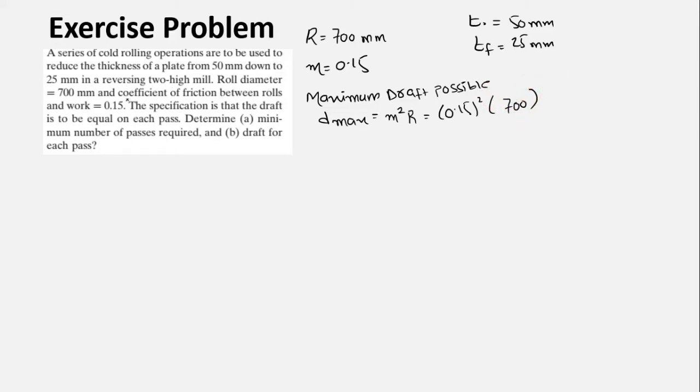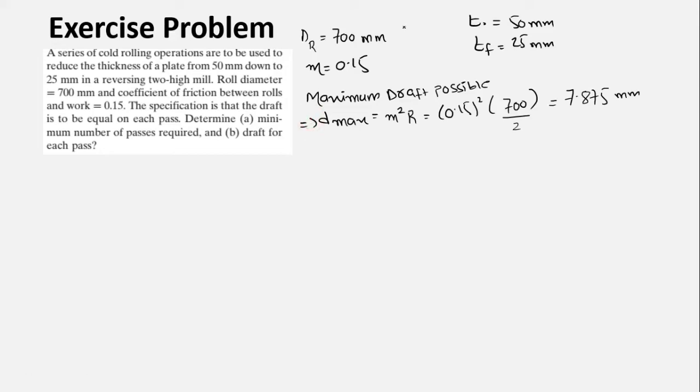It's a roll diameter of 700 millimeter, and sorry, that is for the roll, so the radius would be 700 by 2, right? So our maximum draft possible for this arrangement is 7.875 millimeter. So this is the maximum amount of draft that is possible in this case.